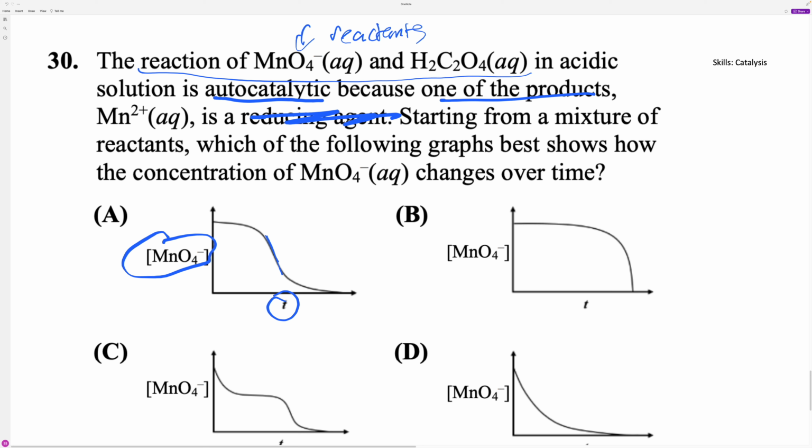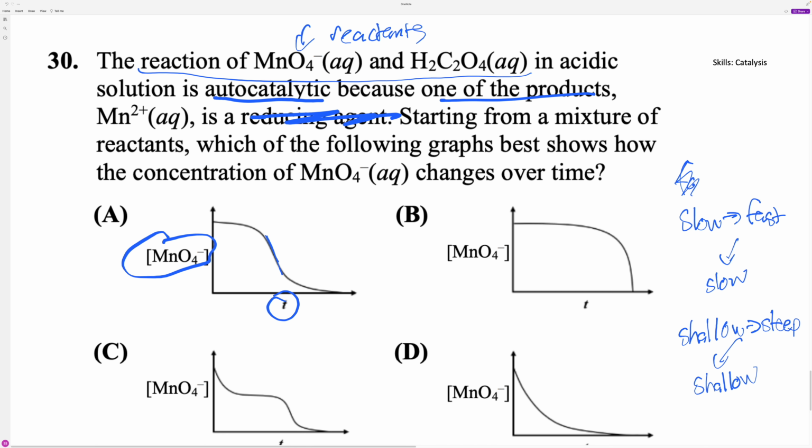So summing it up, it's going to go from slow to fast and back to slow. So we're looking for a shallow slope to a steep slope back to a shallow slope. So let's go through these and see which best matches that description.